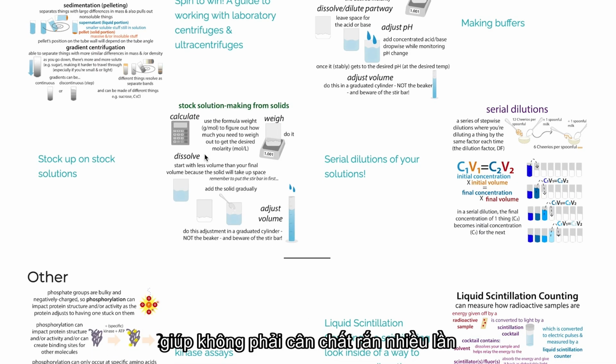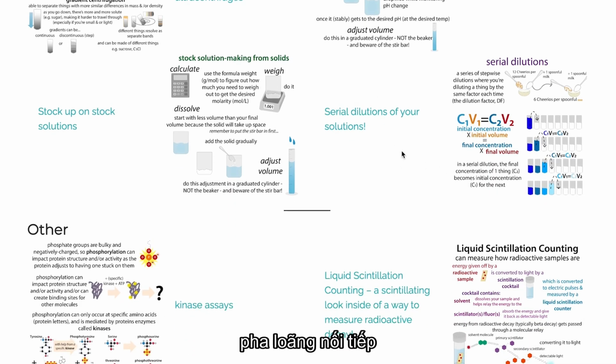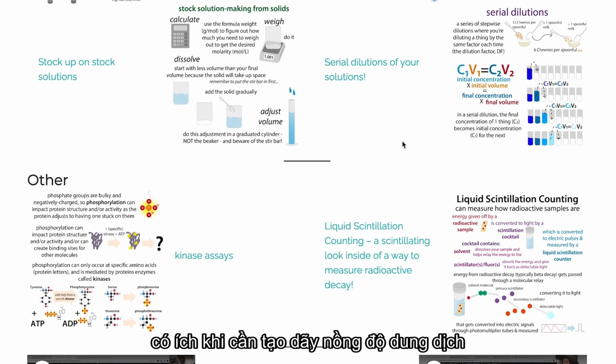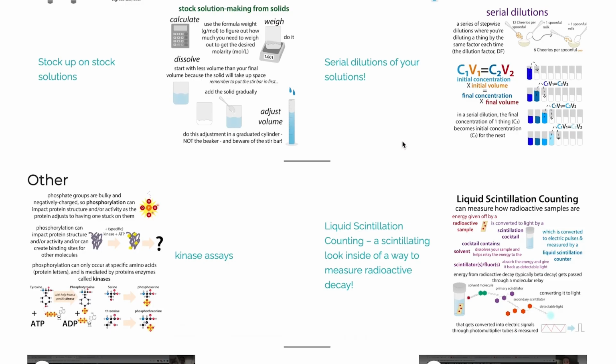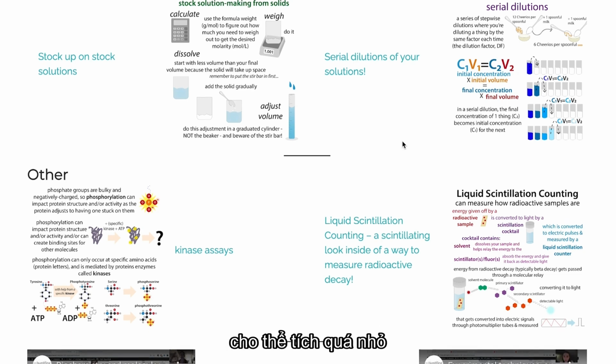That helps you not have to weigh out solids so much. Another helpful thing is serial dilution, when you're diluting something over and over. This can be good if you want to make a range of solutions, some sort of standard curve, or if you just want to make sure that you aren't having to pipette really tiny volumes.